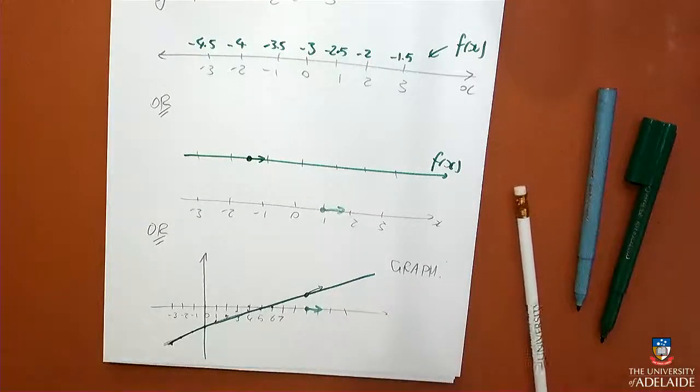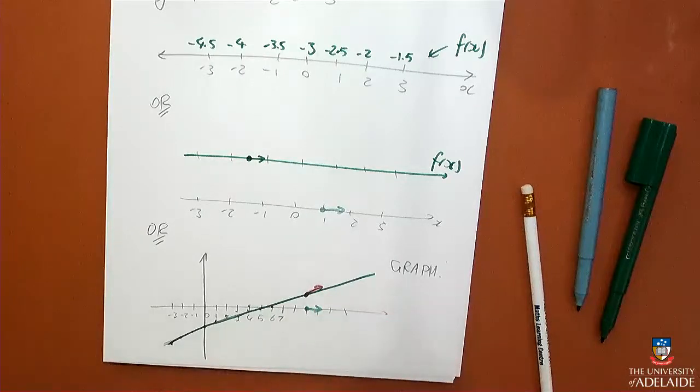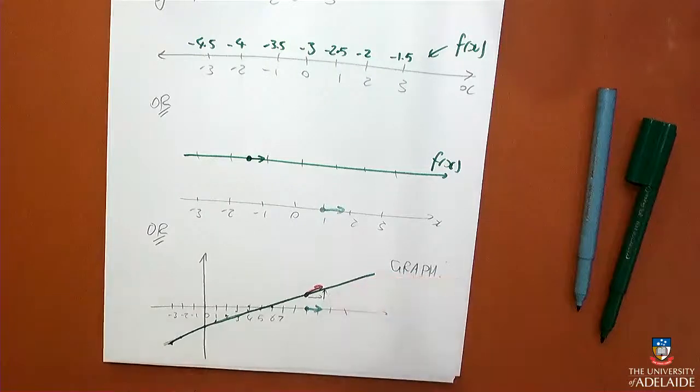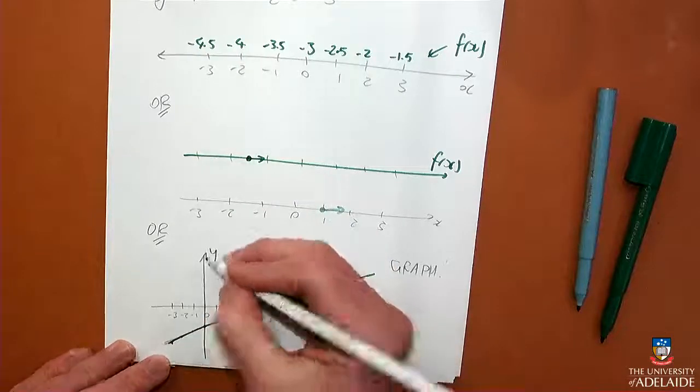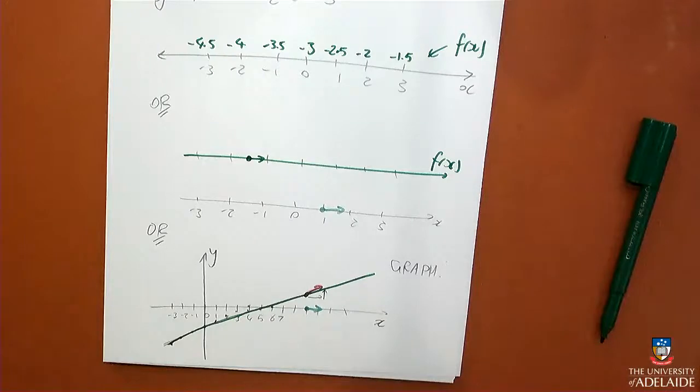I'll do that in colour. So we can imagine the x moving forward a bit, and then this height moving up or down a bit. And this arrow here is this arrow here. This is called x, this is called y. So these are three ways of thinking about how when x moves, the function value moves.